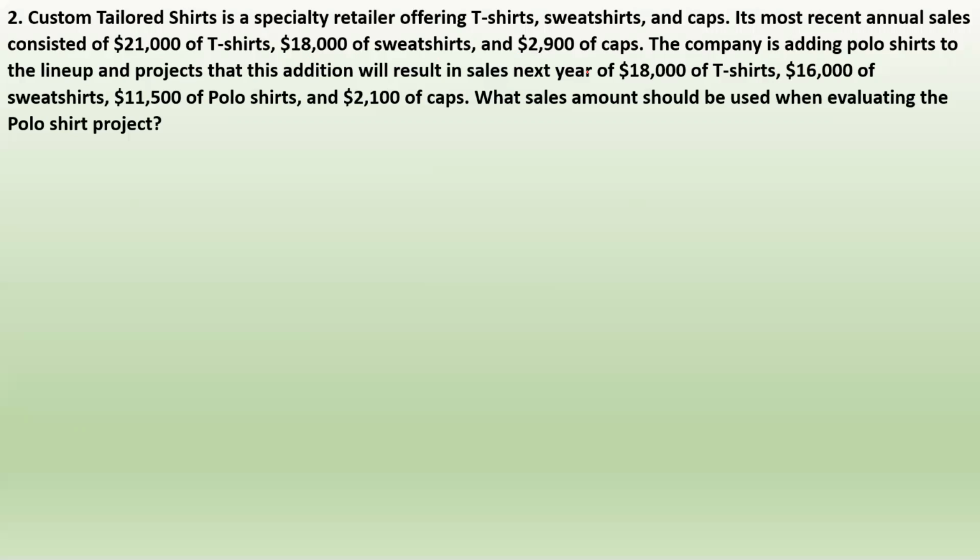The company is adding polo shirts to the lineup and projects that this addition will result in sales next year of 18,000 t-shirts, 16,000 sweatshirts, 11,500 polo shirts, and 2,100 caps. What sales amount should be used when evaluating these polo shirts?